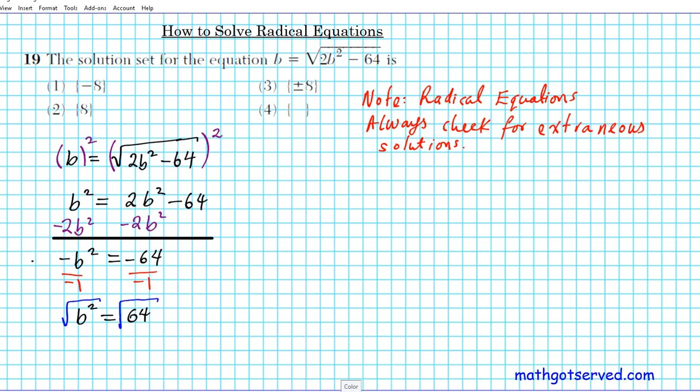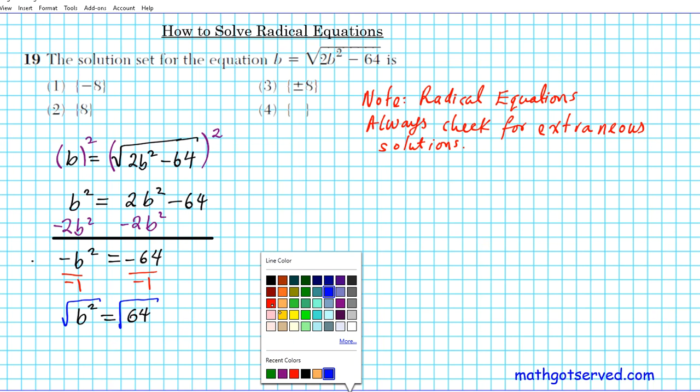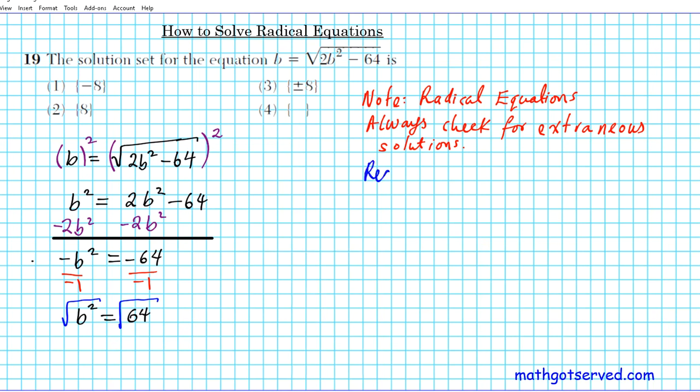Now, something to recall. This is very important, but most students forget this: when you take the square root of a square, or a to an even power, a to the n, you're going to end up with the absolute value of a.